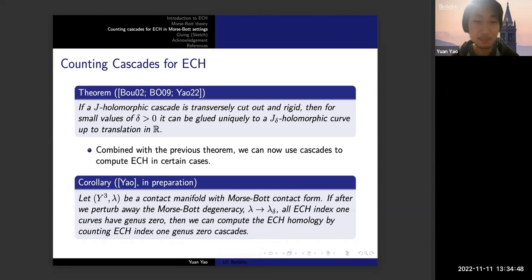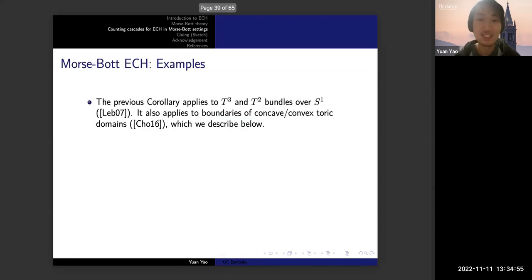That's basically the previous two theorems put together. And you can ask, does this ever happen? Well, yes. This theorem applies to T3 and Eli Lebeau's thesis, T2 bundles over S1. It also applies to boundaries of concave and convex toric domains, which we describe a little bit below.